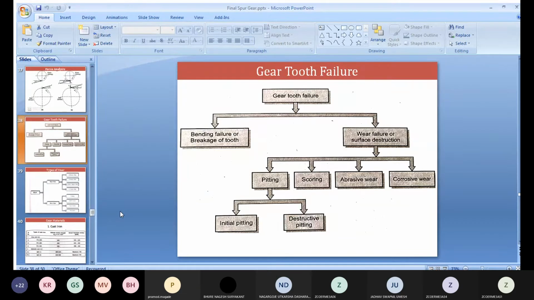So due to that insufficient lubricant, what will happen? See here, due to dryness, temperature is going to increase at the time of meshing. So one tooth of the gear and the teeth of the pinion mesh, there will be a temperature rise, and at that time the phenomenon will occur.